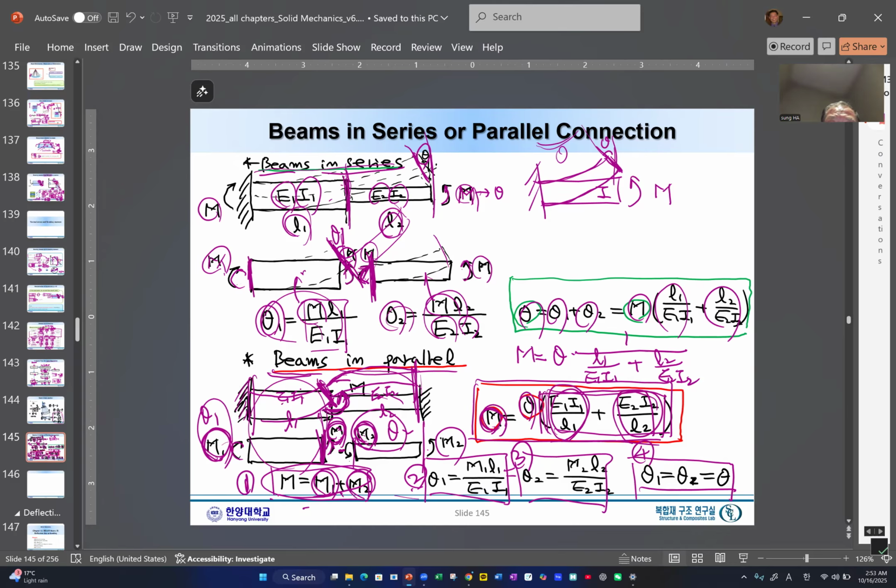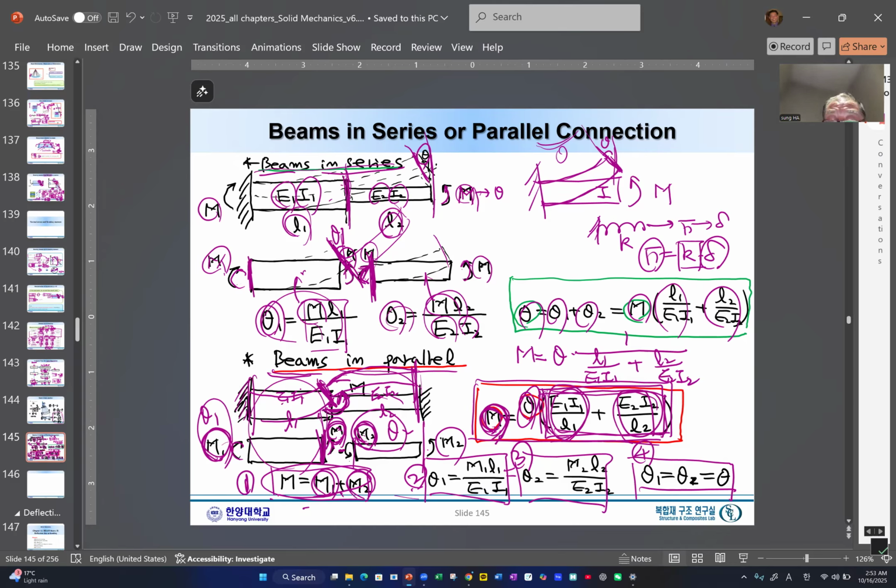See, this is a moment, the force, and deformation. And this is, what do we call? Stiffness. What stiffness means is like the spring constant. Like this spring, we have an F and we have a delta. So always F equals K delta, right? So force and deformation, the proportional coefficient is called stiffness.